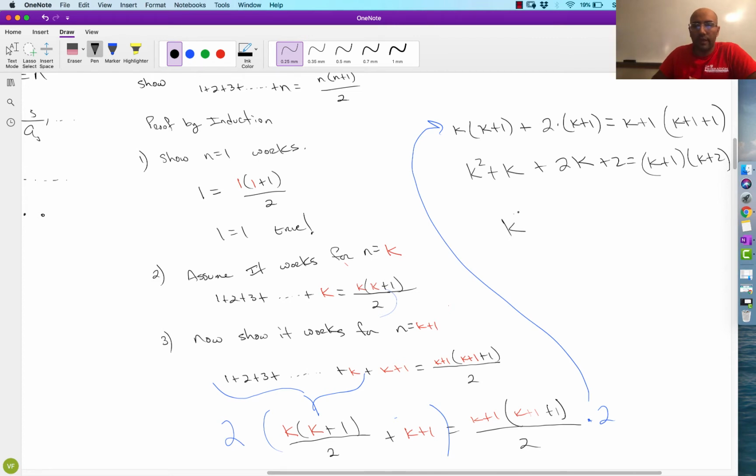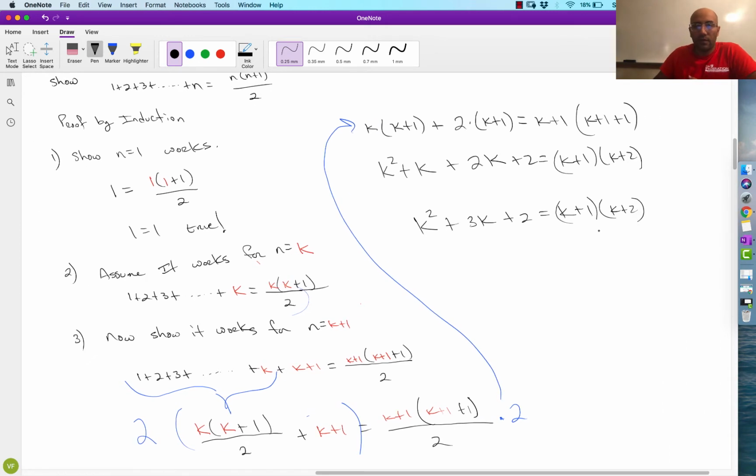This turns into k squared plus 3k plus 2 equals k plus 1 times k plus 2. And if we factor or FOIL, either way, let's just factor this. This is k plus 1 times k plus 2 equals k plus 1 times k plus 2.